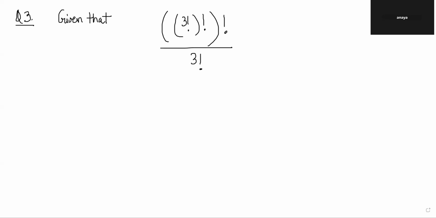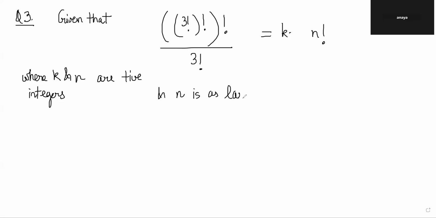Next problem is: given that this thing is equal to k into n factorial, where k and n are positive integers and n is as large as possible, what is k plus n?